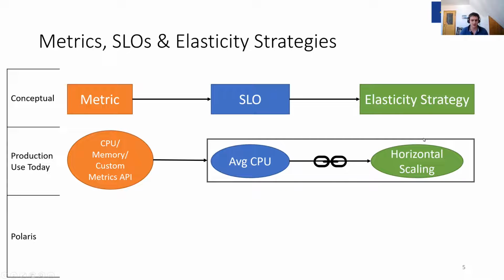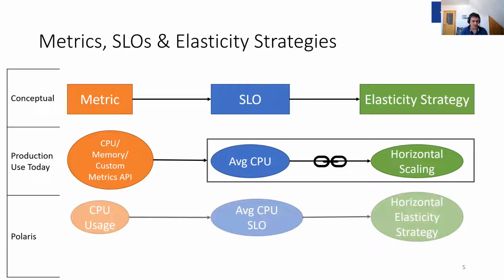That's what the horizontal pod autoscaler, or HPA, has been doing for a couple of years now. Recently, they have added support for custom metrics, but this requires additional setup and maintenance effort, and you're still limited to either an average operator here or a strict equality operator here. So this part here is still not very flexible, and you're tightly coupled to horizontal scaling.